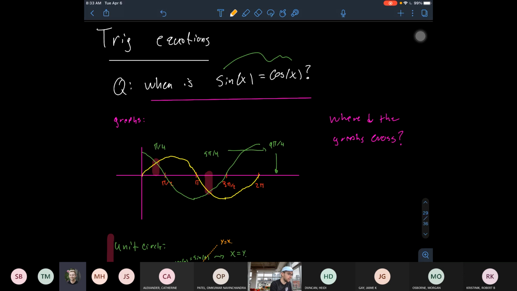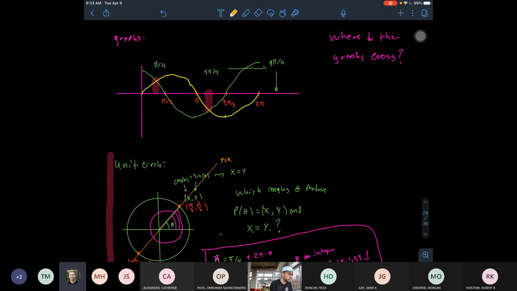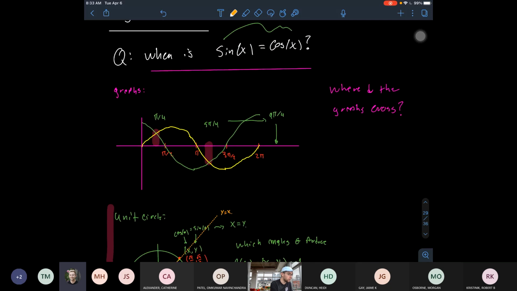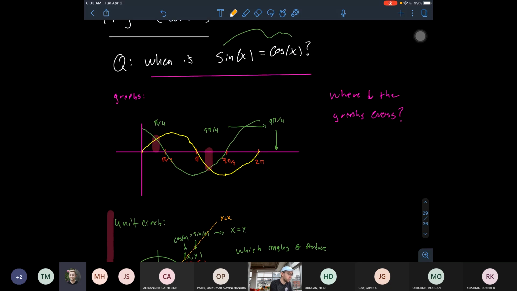We had 3 different ways of thinking about that. We could think about it literally in terms of the equation. We could think about it in terms of the graphs of these two functions. We know that these will be equal whenever their graphs cross, so we can try to find the places where the graphs cross.